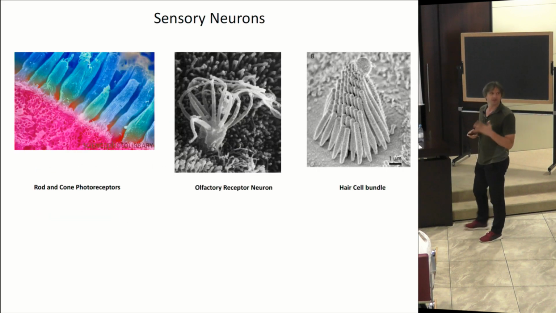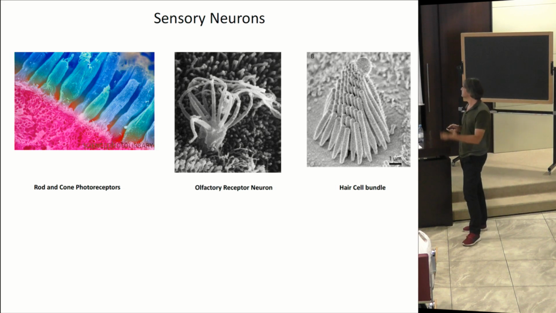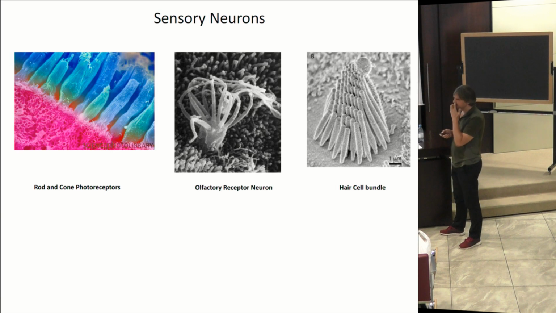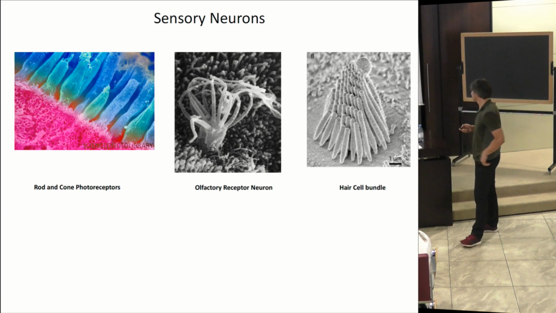Okay, so what are sensory neurons? Basically, sensory neurons are the first neurons that get activated by a stimulus. For example, there are rod and cone photoreceptors in the retina, olfactory receptor neurons in the epithelium in the nose, and hair cell bundles. As you can imagine, these neurons are fundamental because they are basically our window to the outside world.